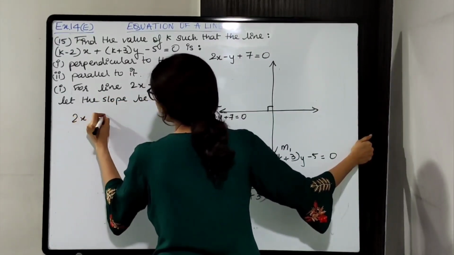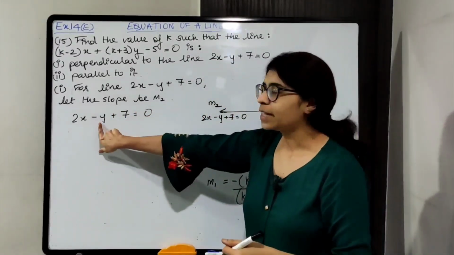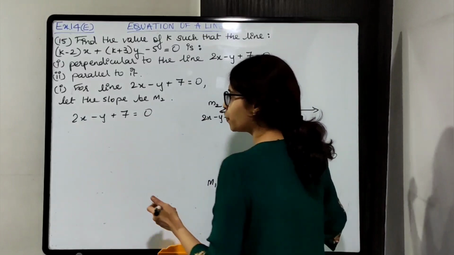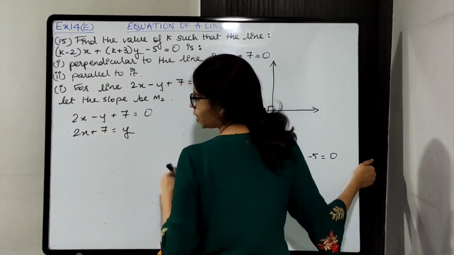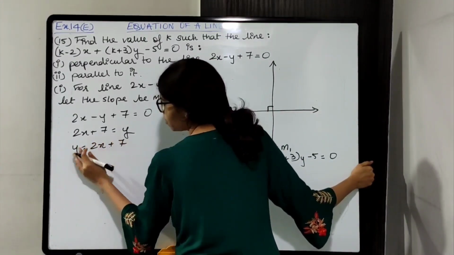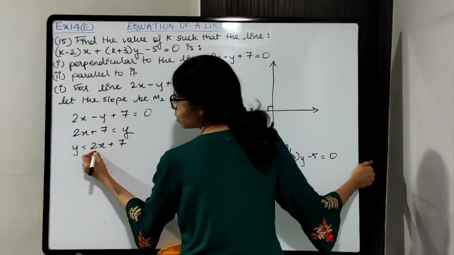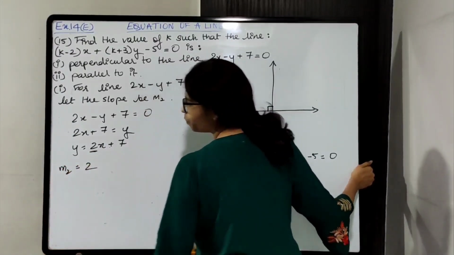So write down the equation. First we have to bring it in standard form and find the slope. The y term is negative, so we shift it to the RHS. Okay, now just switch the sides. You have it in standard form, y equals mx plus c. The slope is 2. So m2 is equal to 2.